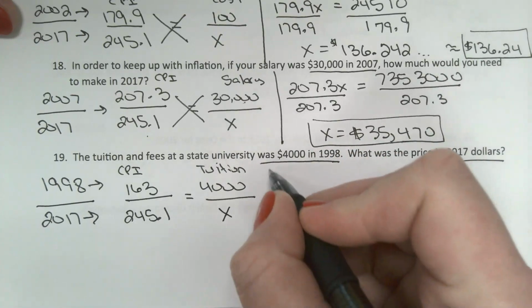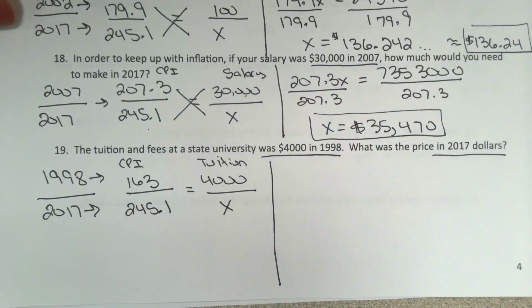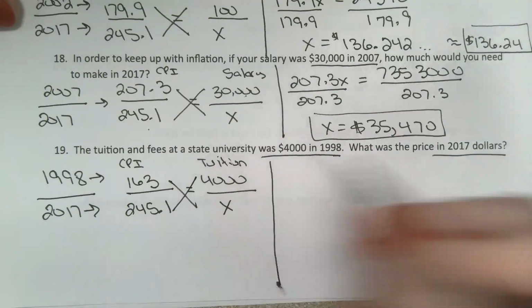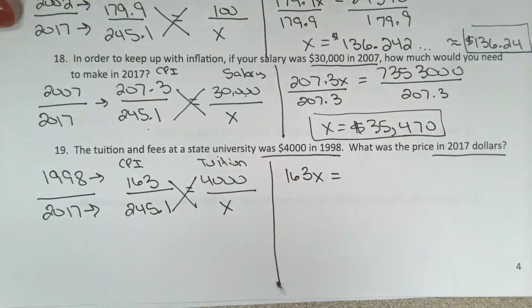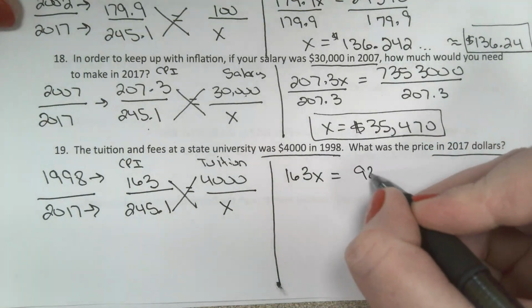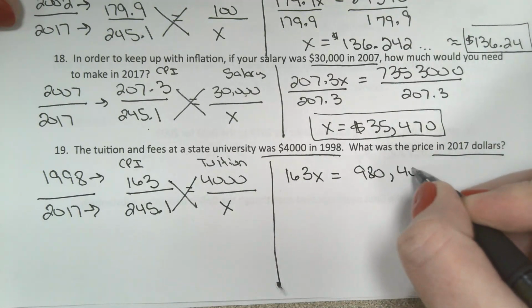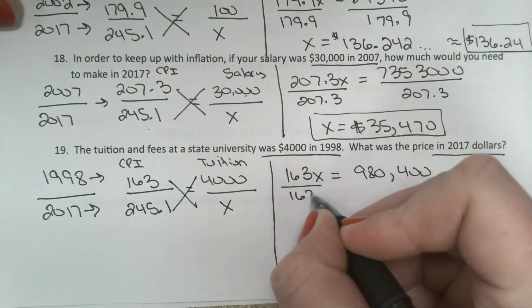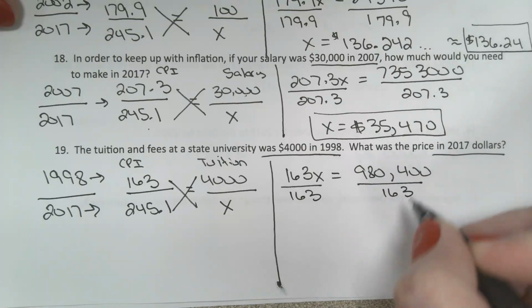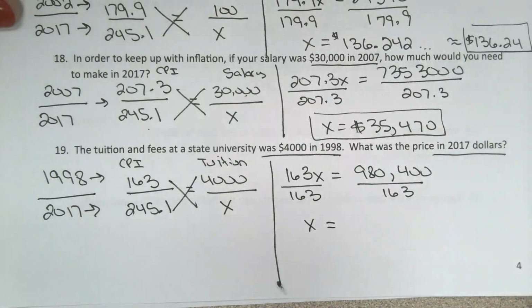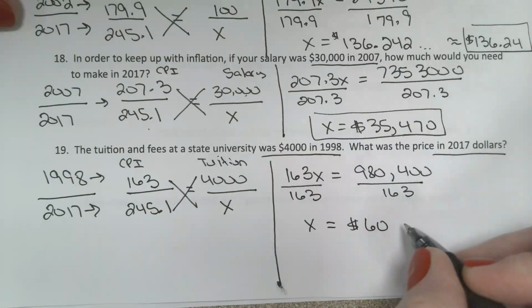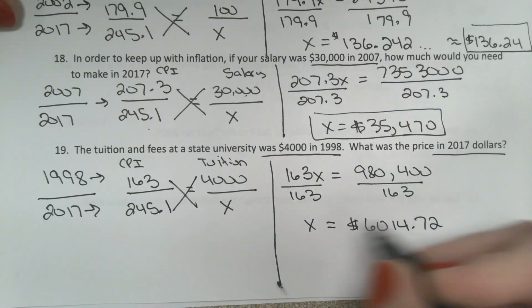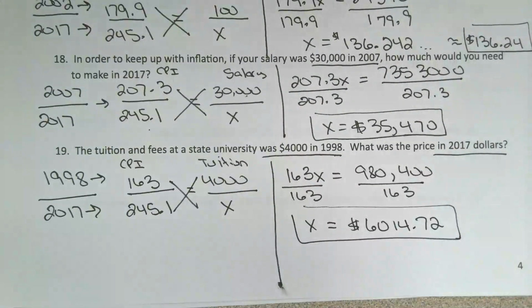The 2017 tuition is my unknown. Fraction equals fraction, so I'm going to cross multiply. I have 163x equals 980,400. I'm going to divide both sides by 163, and x equals $6,014.72. And we'll do the rest in class together. Thanks.